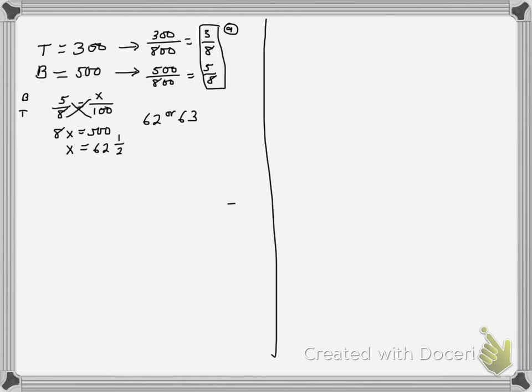How many cans total would you have to take in order for the expected number of cans of tomato soup to be 60? Now again, I like to think about this in terms of the ratio. A ratio problem mathematically. In other words, a proportion like this. So now, how many cans total would you have to take in order to get 60 tomatoes?